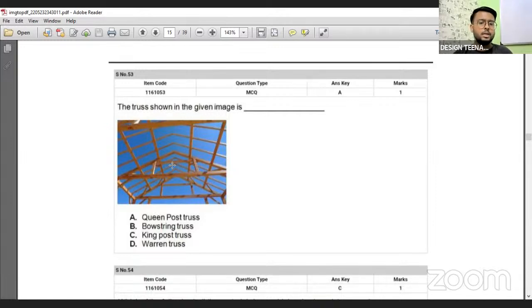If it was a king post truss, then we could have seen that in this zone, I will just show you the basic change which we usually see. Wait, I will take a thicker line and let me take black over here. There would have been something like, wait, take a straight line. Now here, for a king post truss, mostly there would have been something like this also.